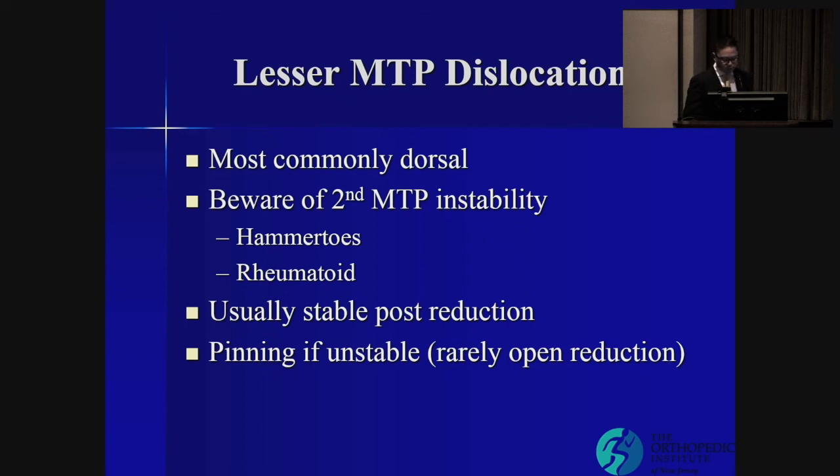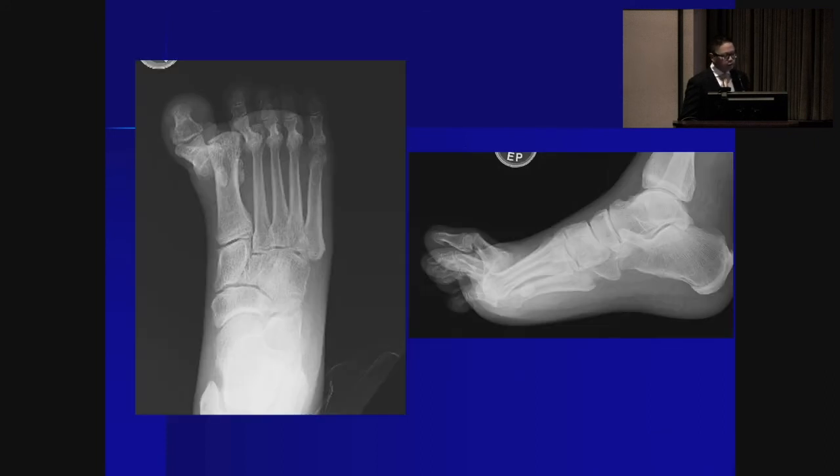But if it's just a simple dislocation of the metatarsal phalangeal joint, they usually go in closed, and rarely would you need to open them or pin them unless it's a higher energy situation, just like this case, which happens to be an example from the first metatarsal phalangeal joint. Again, if it's unstable based on exam, then you pin them as well.